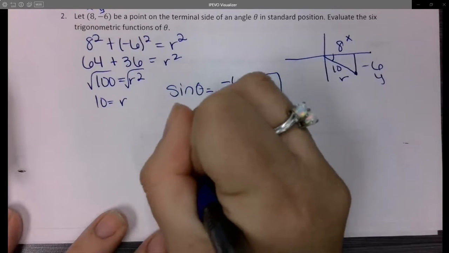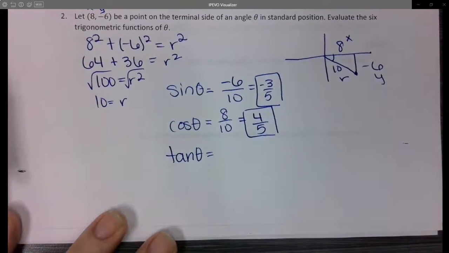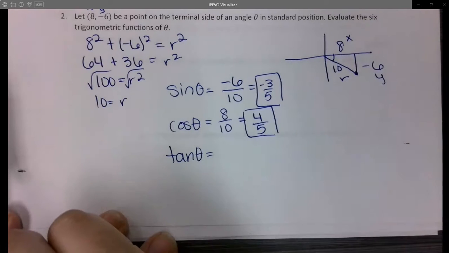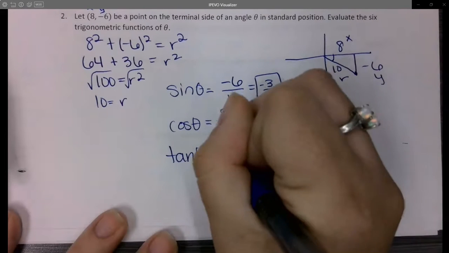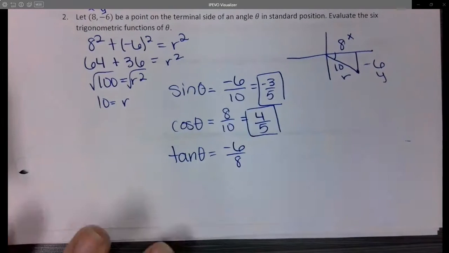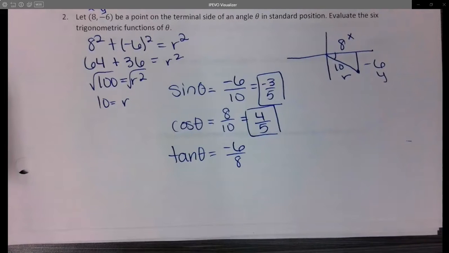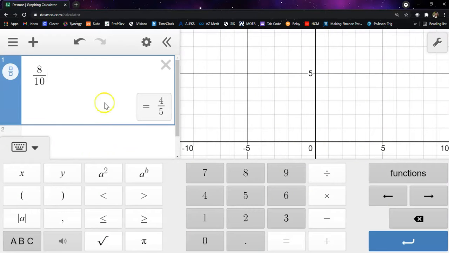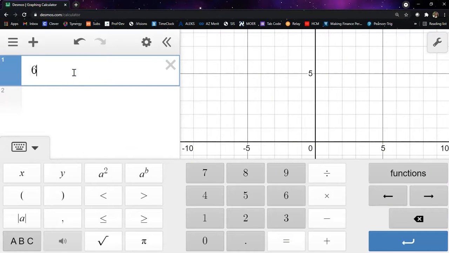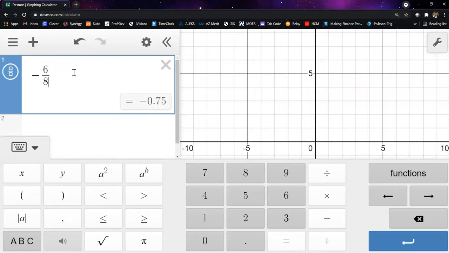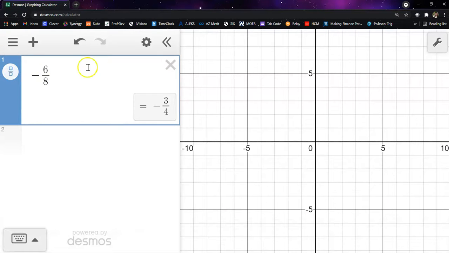Then I have tangent, which is opposite over adjacent, or on the coordinate plane, y over x. So my y was -6, my x was 8. Then I want to simplify this, so I'm going to go back to Desmos, which turns into negative 3/4.